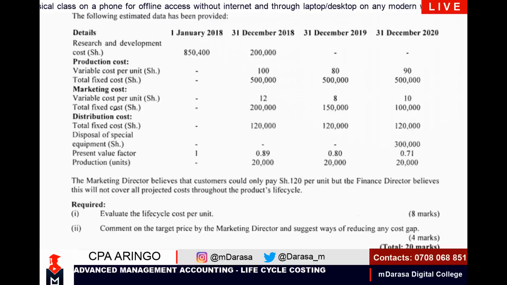So the marketing director had suggested that the customers could only pay 120 per unit, but the finance director believes that this will not cover all the projected cost, right? So the moment you have that case, my good student, ideally I'm just comparing these costs.